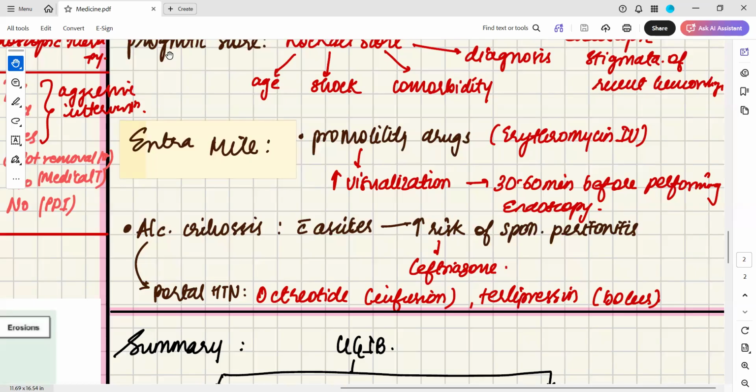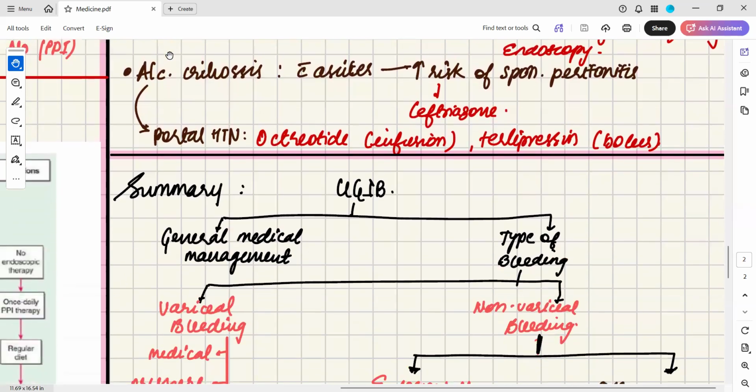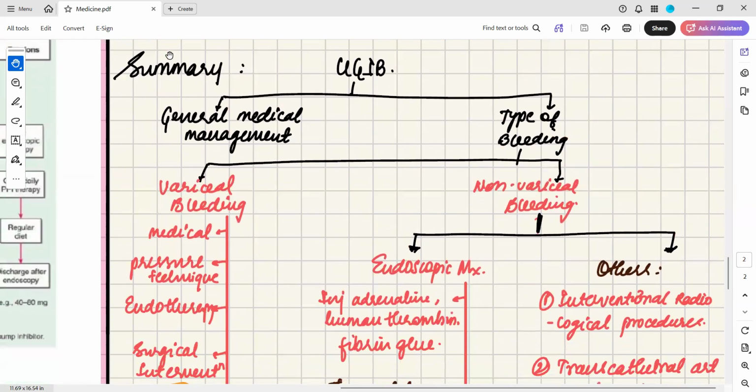So in a broad summary, if the patient is presenting with upper GI bleed, we have to give conservative therapy, then the definitive management. It can either be due to variceal cause or non-variceal cause. In the non-variceal cause, we directly go for endoscopy, in which we do vasoconstrictive epinephrine injection.